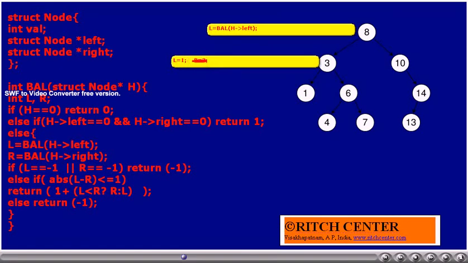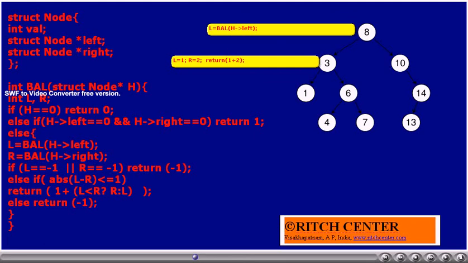Now we understood that the height of the left subtree for node 3 is 1 and the right subtree is 2. Node 3 is thus balanced. That is, the difference between them is only 1. Thus the tree headed with node 3 is a balanced tree.